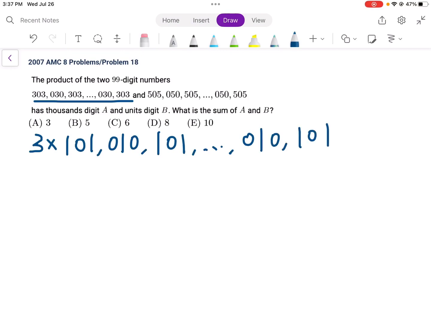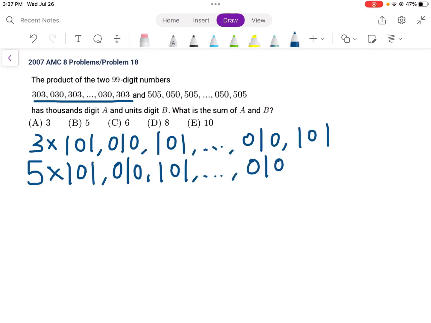And then the second number can be written as 5 multiply 1 0 1 0 1 0 1 0 1 0 1, and again 1 0 1.